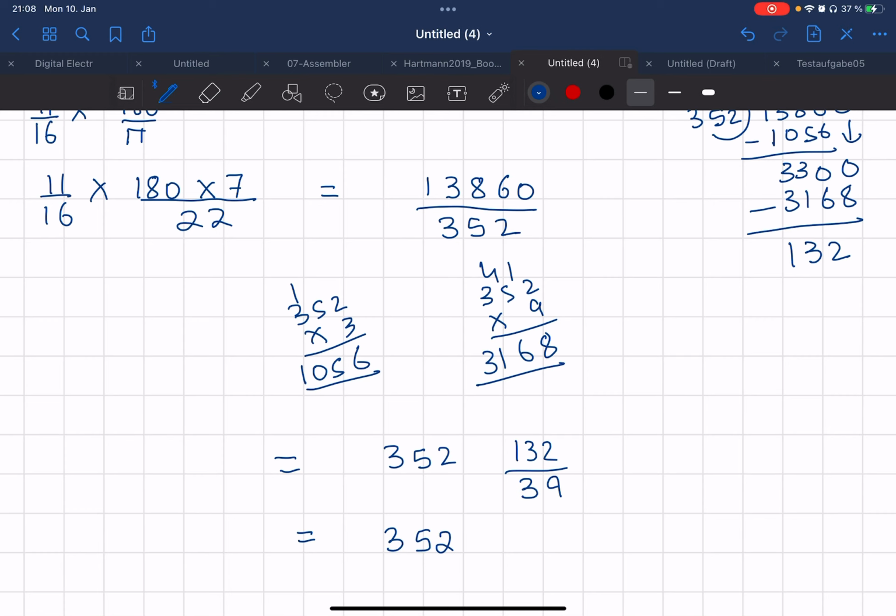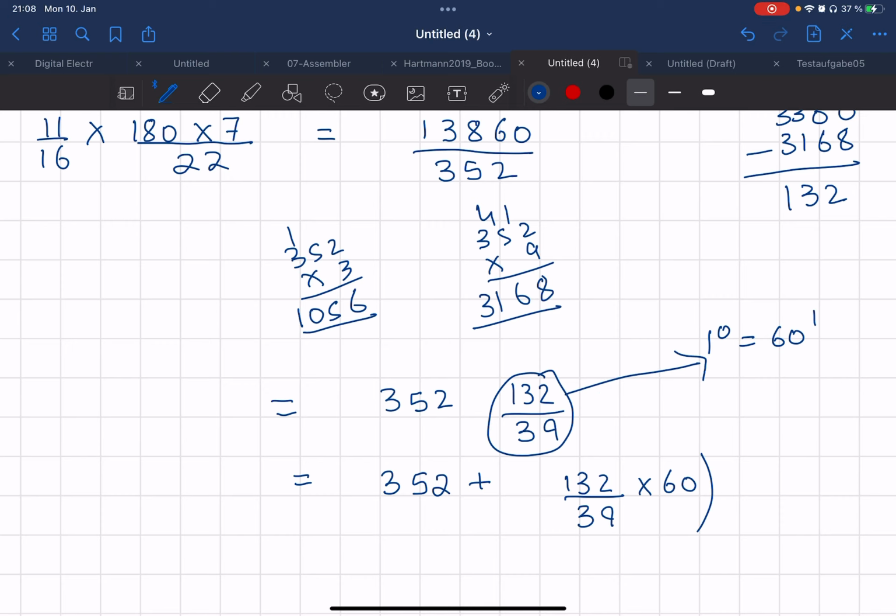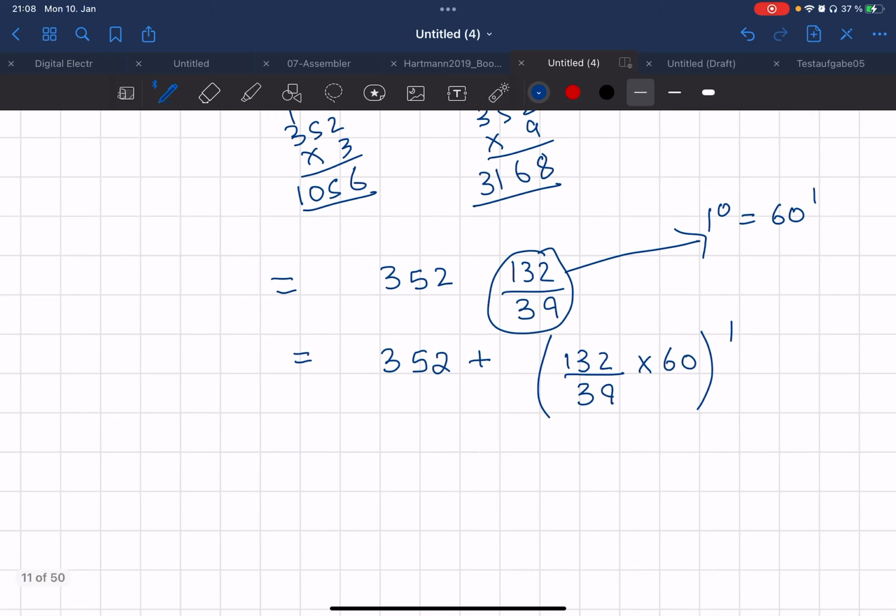Now we put this in minutes: 132 upon 352 into 60. As I told you, 1 degree is 60 minutes. So if I convert this much degree into minutes, I just multiply it by 60, and now I have a minute term.